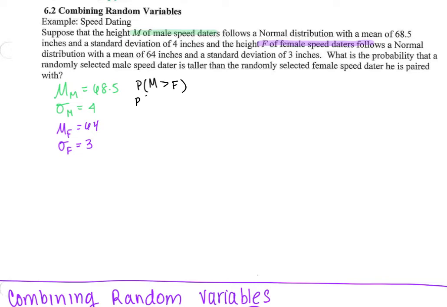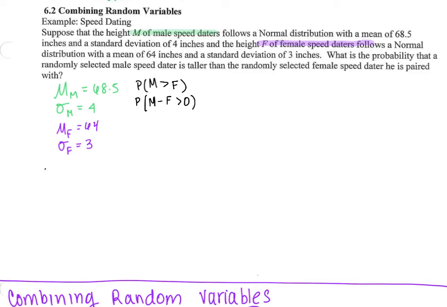I'm going to subtract females over to the left side. So now I have male minus female greater than 0. Well, this creates a new variable, males minus females. So I need a mean and I need a standard deviation for males minus females so that I can do normal CDF with those. Now keep in mind, if you add two normal distributions together, you'll still have a normal distribution, so don't forget about that.